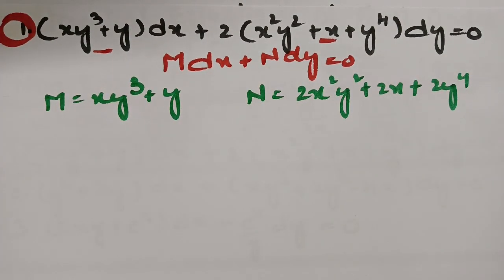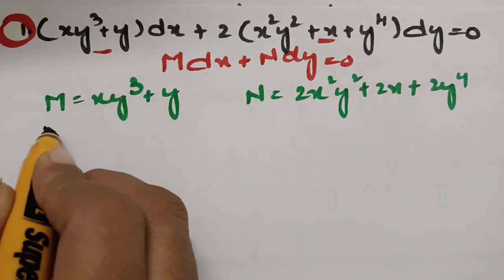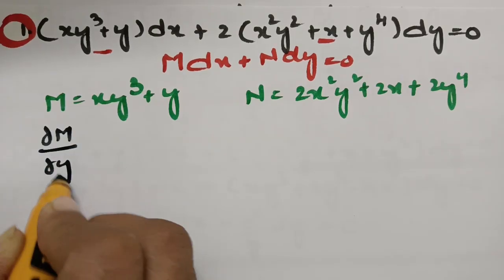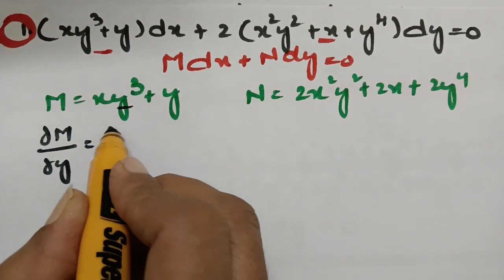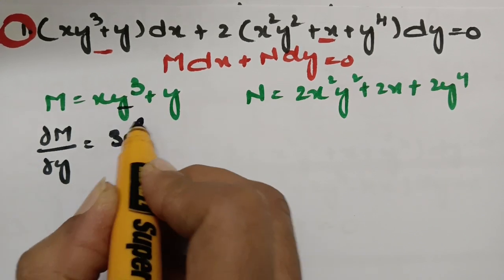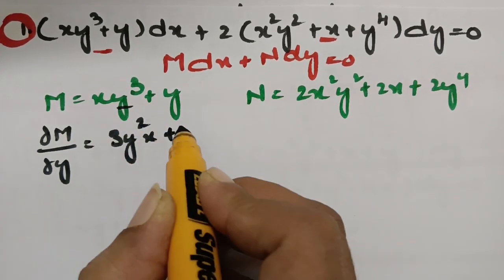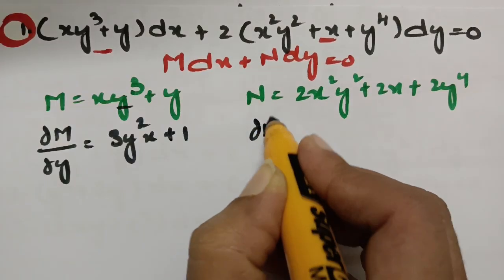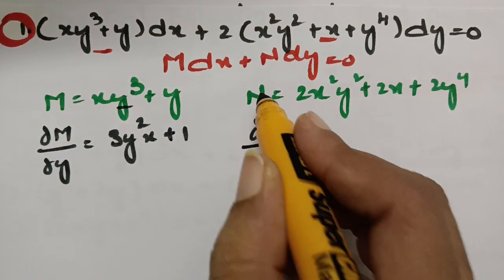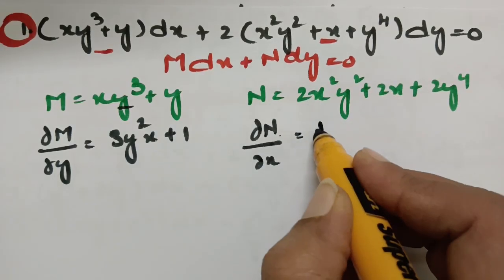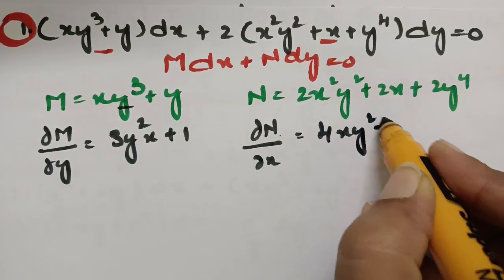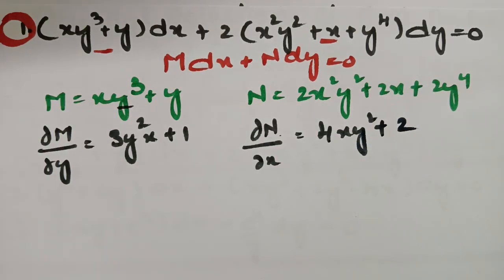The first thing to do is take the derivative with respect to y for M. So dou M by dou y is 3y square into x, and for y the value is 1. Then take the derivative with respect to x for N: 2 times 2 is 4, into x into y square, and for x the value is 1, so this is 2.